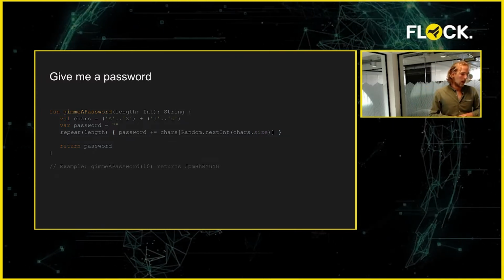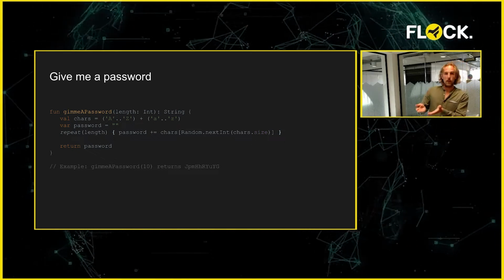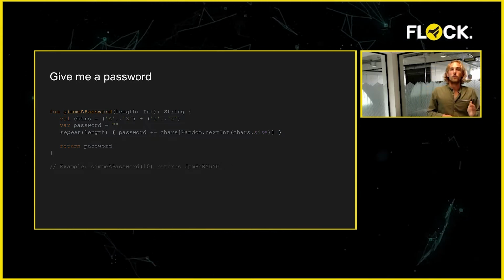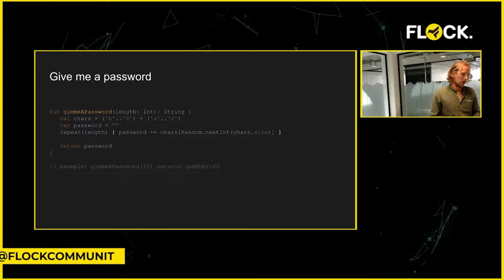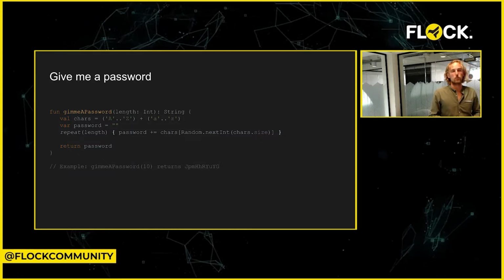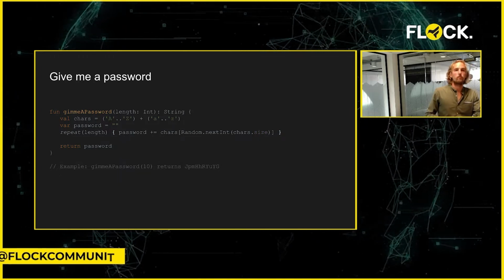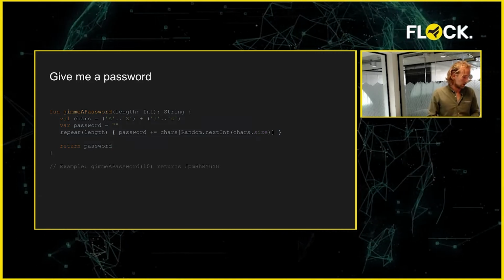We say from the Random class from Kotlin, get the next integer given the size of my character pool, and keep adding that to my password. And then you return that, and there's an example on the bottom. If you call give me a password with argument 10, then it returns just some random string. A pass garble, you might call it.